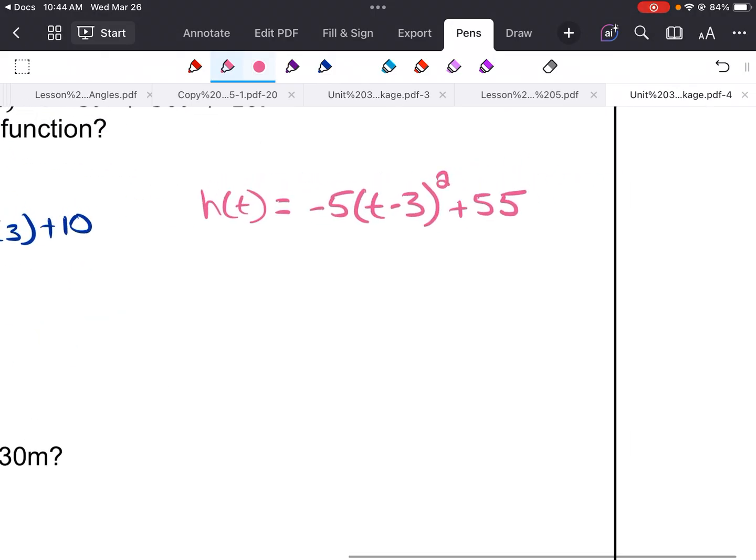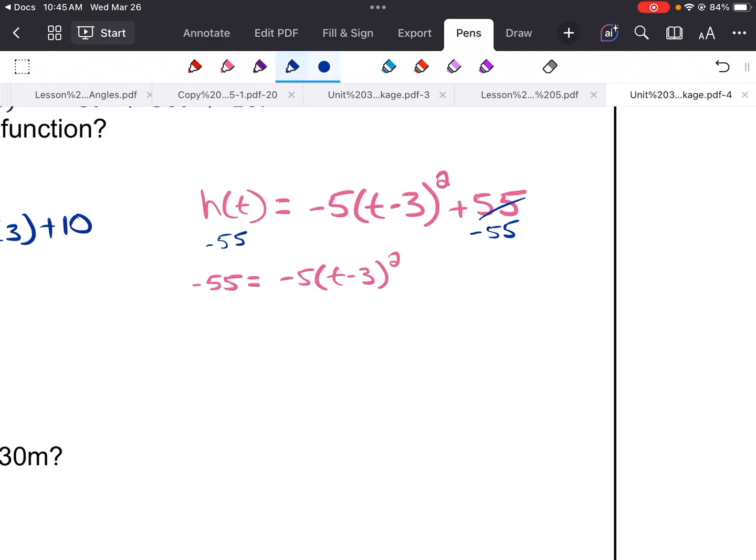Okay, so we want to isolate t. So we're going to subtract 55. So we have negative 55 equals negative 5 times t minus 3 squared. We will divide by negative 5 to get rid of that. So 11 equals t minus 3 squared.